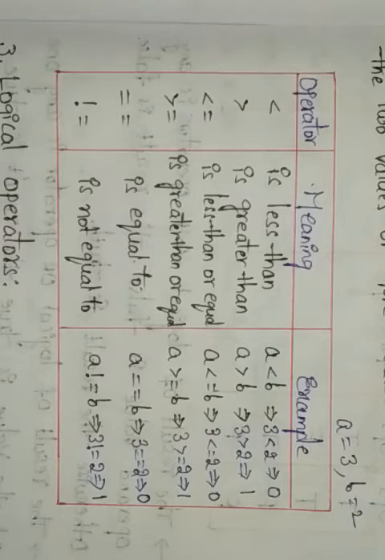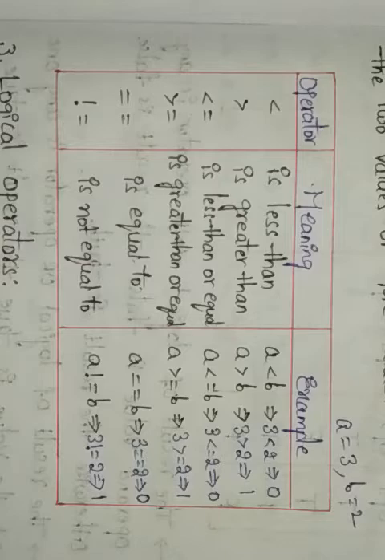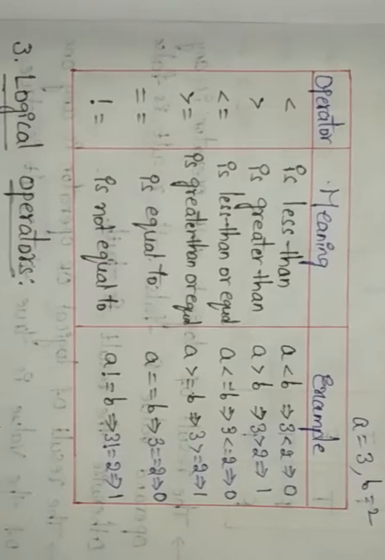Like this, our relational operators work. They compare two or more values, which means we can give C value and D value also, and it will work the same way. Next, we have the third one, the logical operators. Logical operators perform logical expressions.